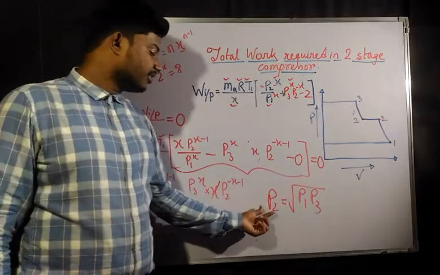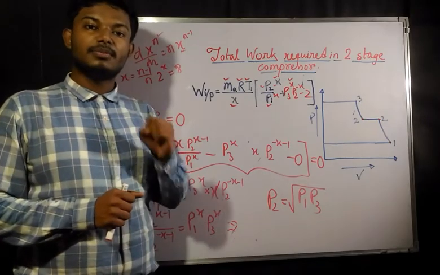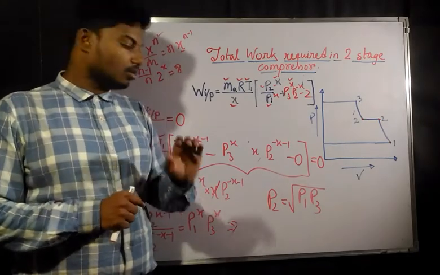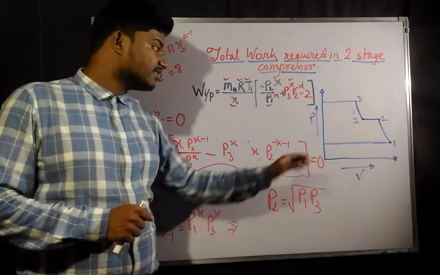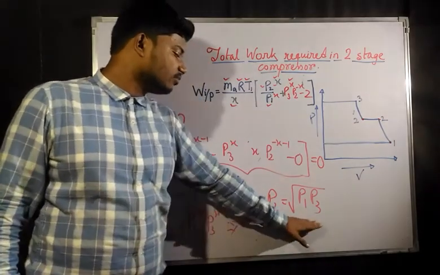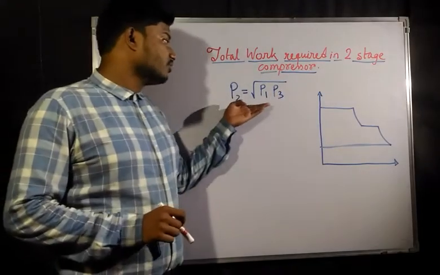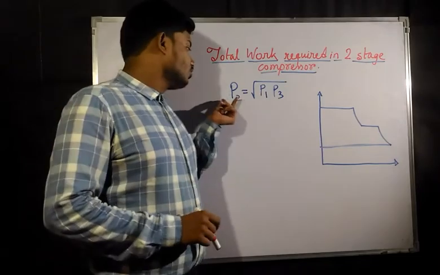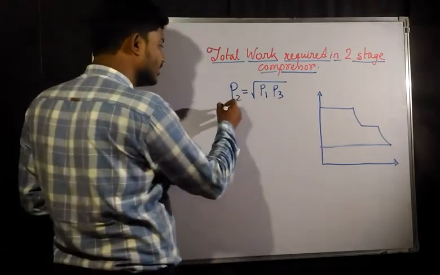Then after finding this p2, the work required by the compressor would be minimum. No work can be less than with p2 as the pressure at the second stage, the geometric mean. So this was the condition which we have found for minimum work input. Here we have written p2 is equal to root over p1 into p3. So we can also write it.